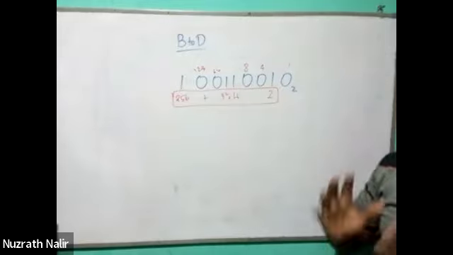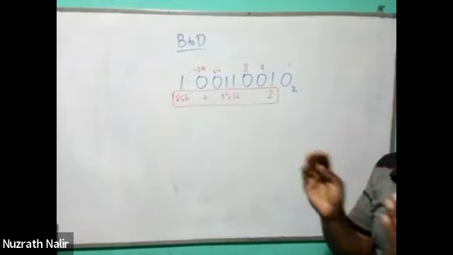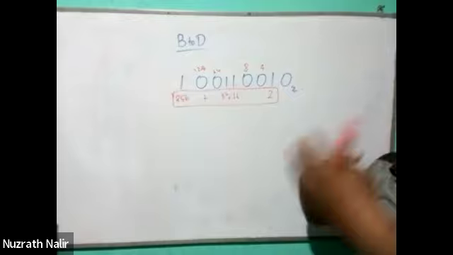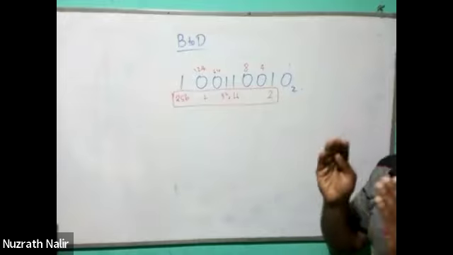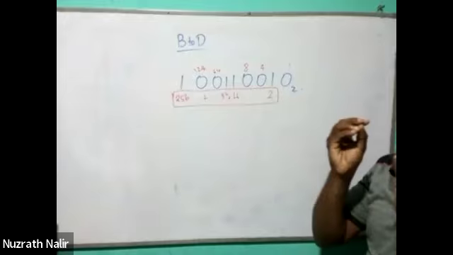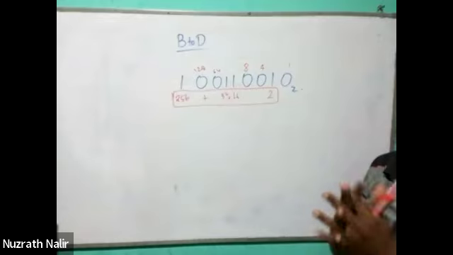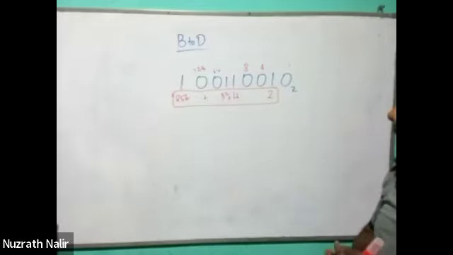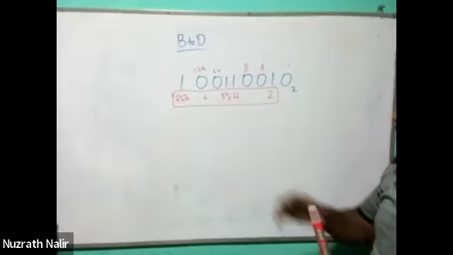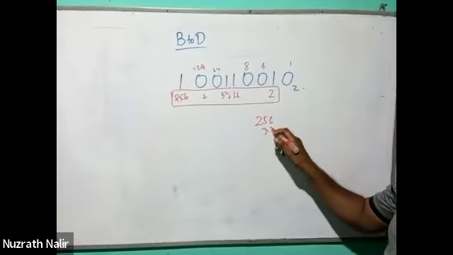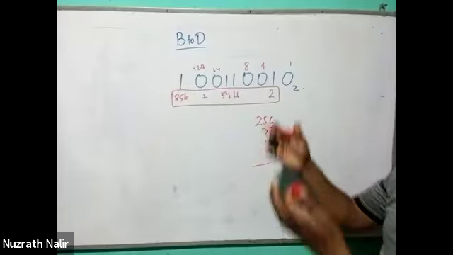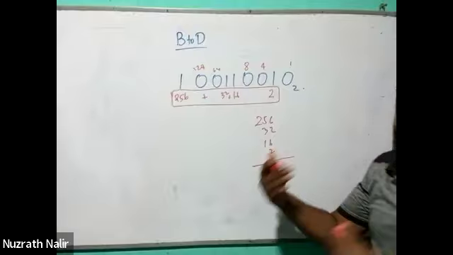Okay, please try to understand and don't confuse yourself. If you are learning in different methodologies, it might be a problem. So this is very easy, super easy. Okay, so then what I'm going to do, just add the values. Maybe you can write down 256, 32, 16, 2, because I don't want to repeat it again.